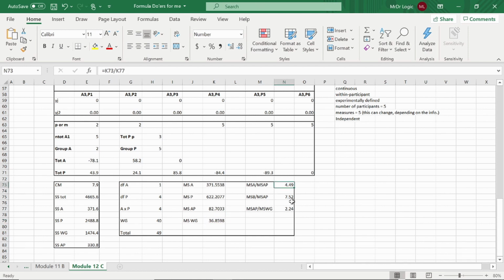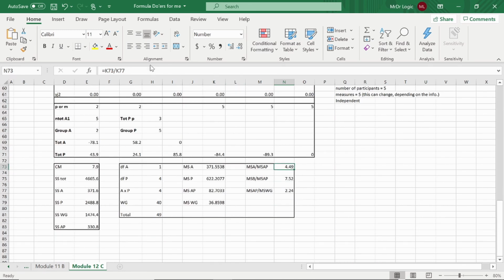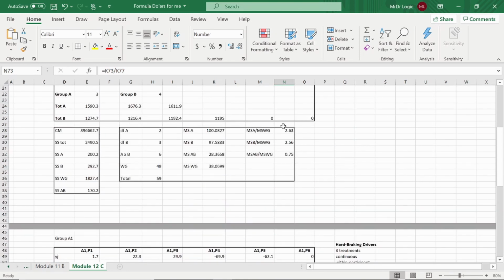And then for this formula, it's a little different, because if I scroll up, this one's comparative to the WG, and this one's to the AP. Let me change that to a P real quick. Thank you. Okay, so you can see here we're dividing by the AP, versus if we go back up here, we were dividing by the SWG.